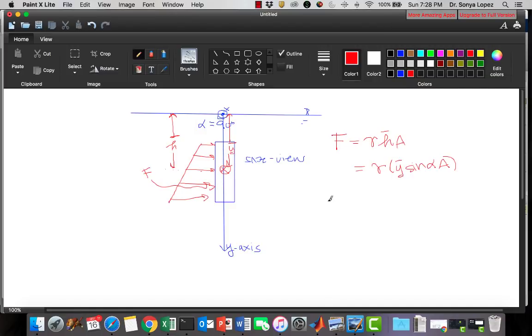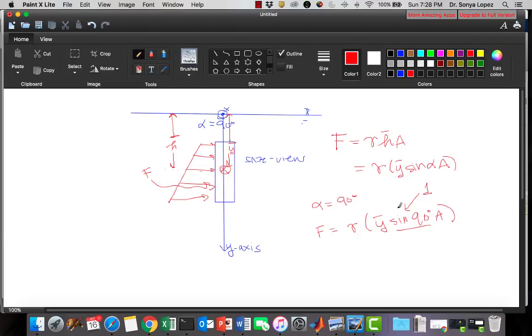So if you plug in, right, alpha is equal to 90 degrees, then F is gamma y bar sine 90 degrees area. Well, what's sine 90 degrees? It's 1, right?